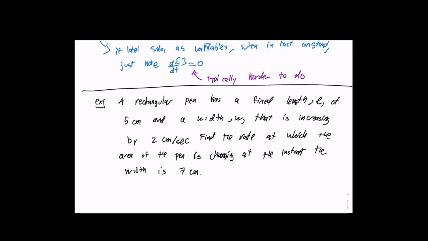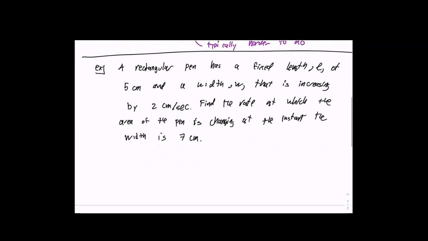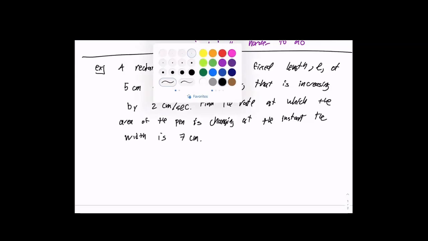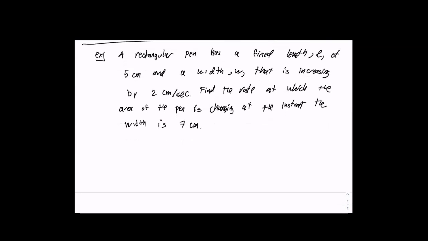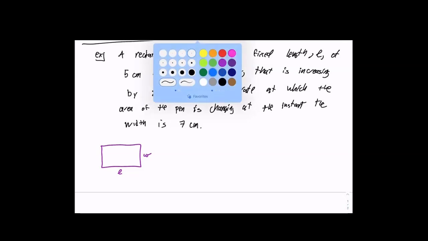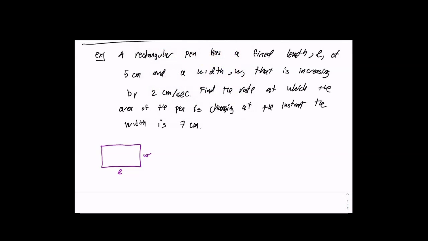Okay, so what's my shape? A rectangle. Perfect. Now, I could just label this as length and width, but what do I know about one of the sides?